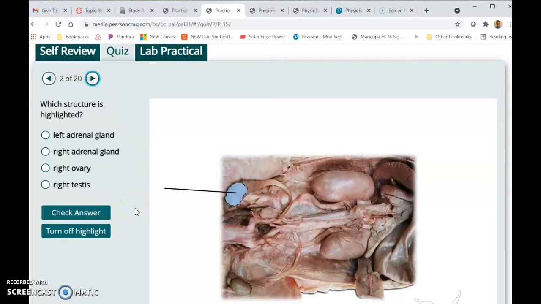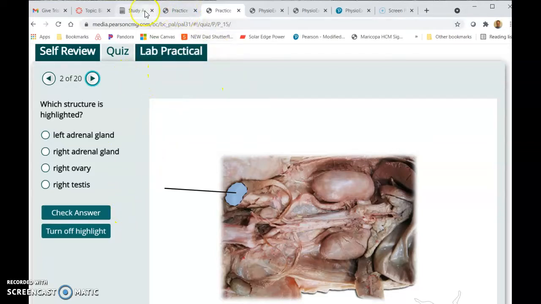It's just a check of what you're seeing. And again, some of these will be on your practical. So you really want to know what you're looking at. Learn them by looking at the various pictures and then go through this quiz as many times as you want to really understand it. Okay, so that's the third lab. That's the fetal pig lab.